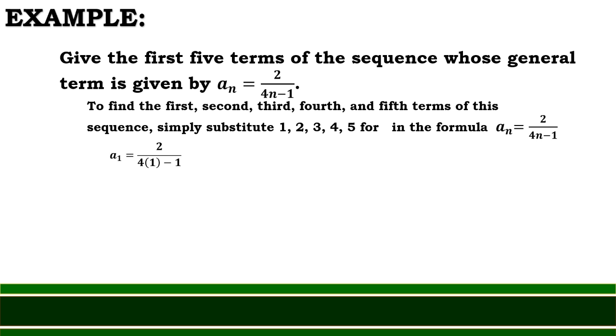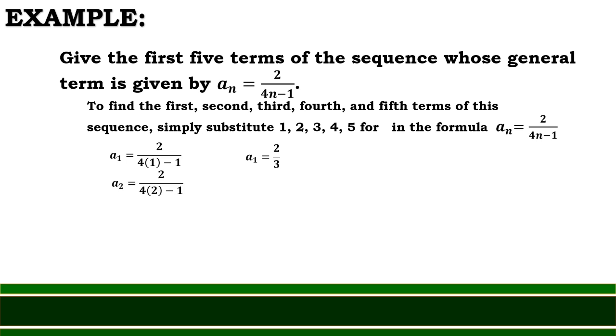First, we are looking for the first term, n should be equal to 1. The equation will be 2 over 4 times 1 minus 1. 4 times 1 is 4 minus 1 will give you 3. It means the first term will be 2 over 3.